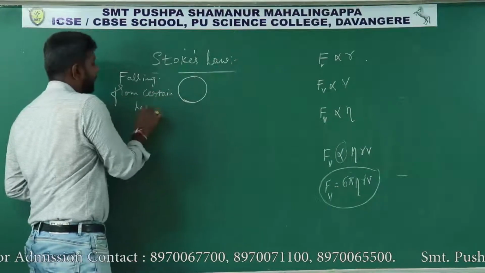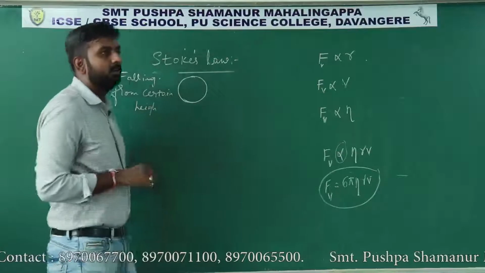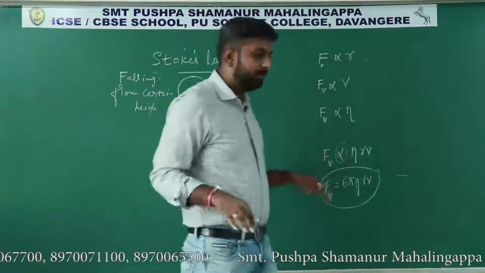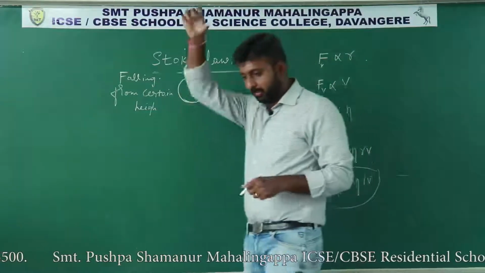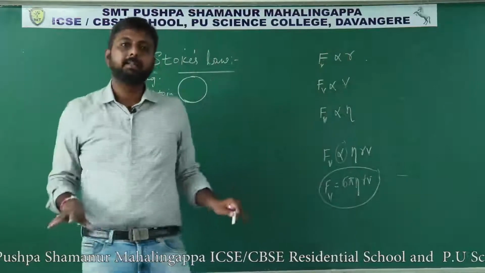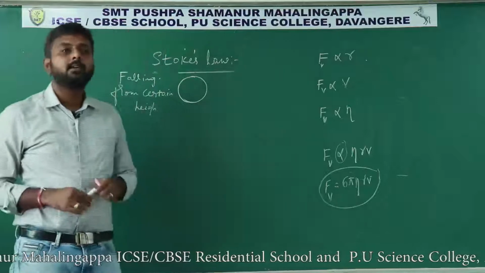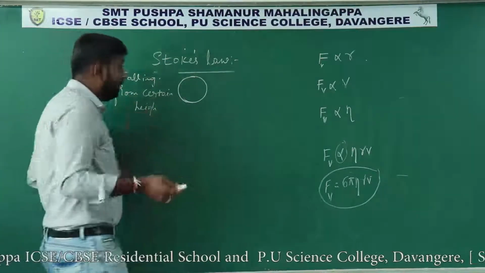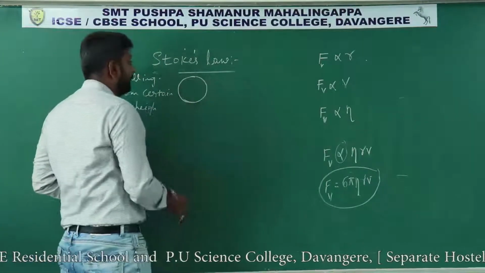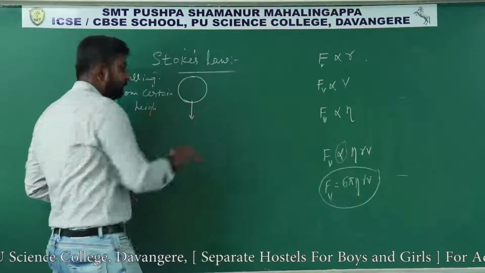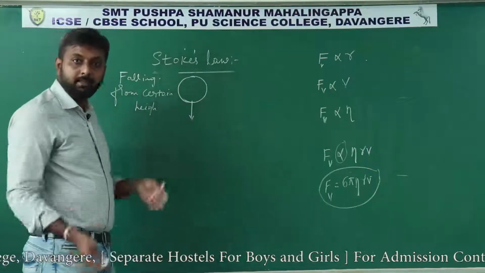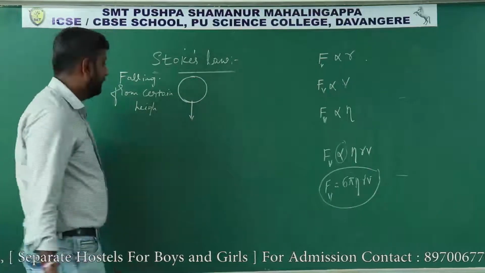Here there is an air medium, and air is also a fluid. If you drop a spherical object, that object is moving in a fluid medium, that is the air medium. And again the radius is r. Then what happens? Definitely while moving downwards, initially its speed will increase, right?